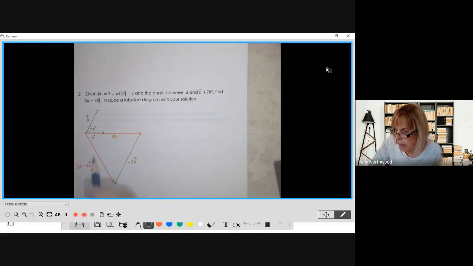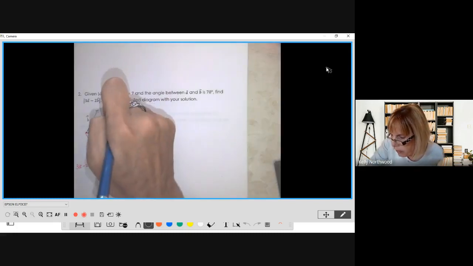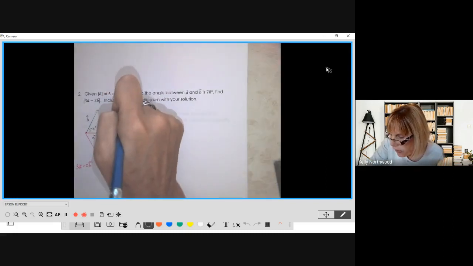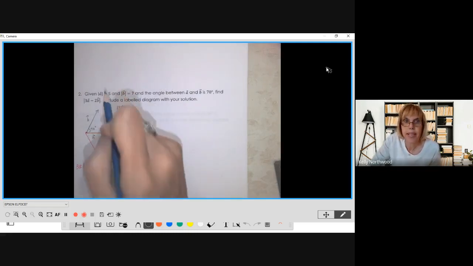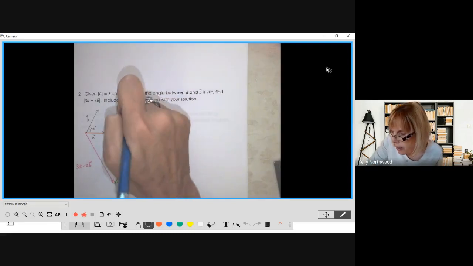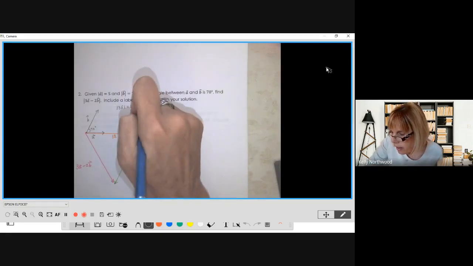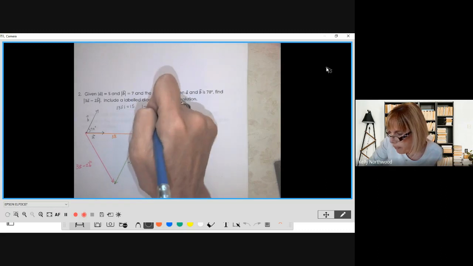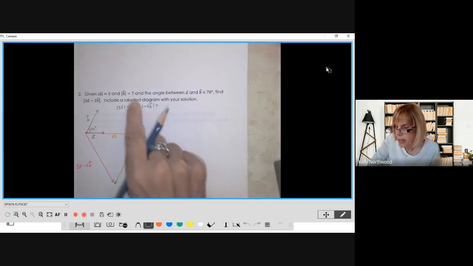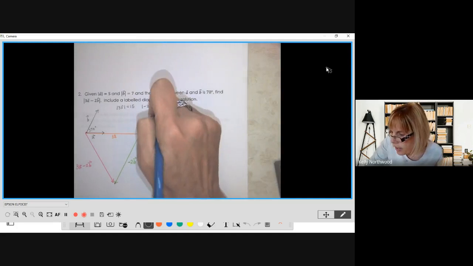But it probably would be helpful for me to list out up here that the magnitude of vector 3A is going to be 15, 5 times 3. And the magnitude of negative 2B is going to be twice as long as vector B, so 14.